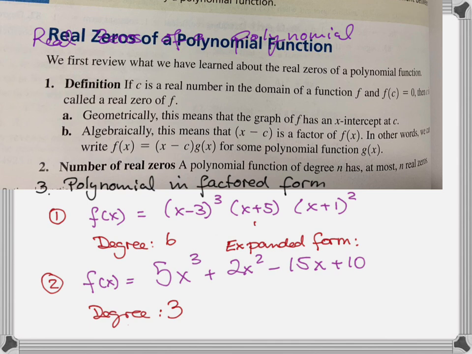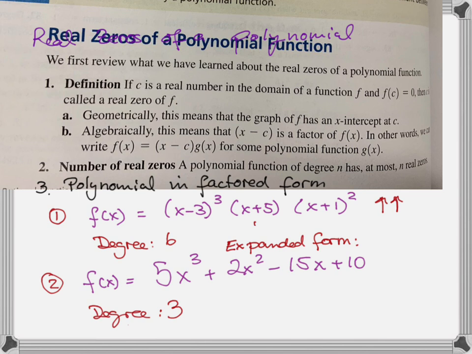Well, since we're at it, let's review what is the end behavior of the first polynomial when the degree is 6? Up, because the leading coefficient is positive. What is the end behavior of the second polynomial?